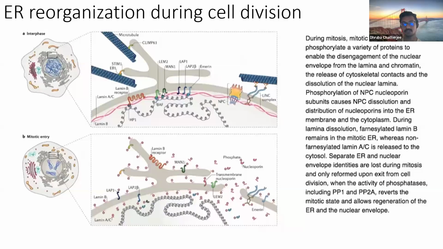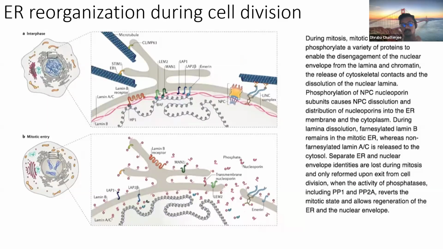So regarding the endomembrane compartment, just like we have seen for the nucleus, the nuclear membrane disintegrates, right? The nuclear envelope is completely lost during prophase, but it again reassembles in the telophase.